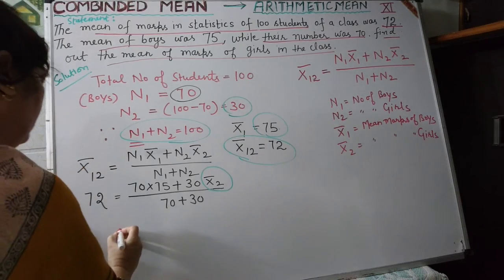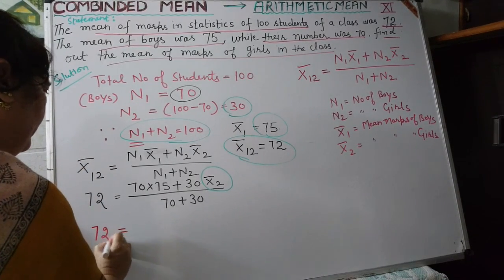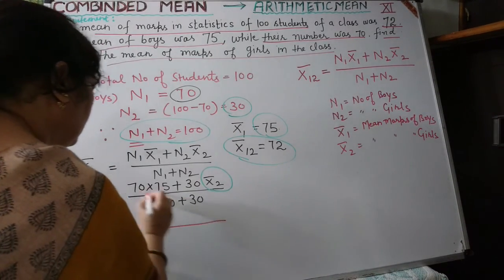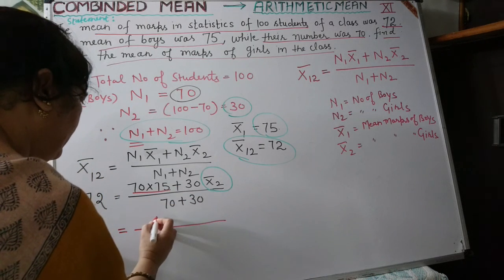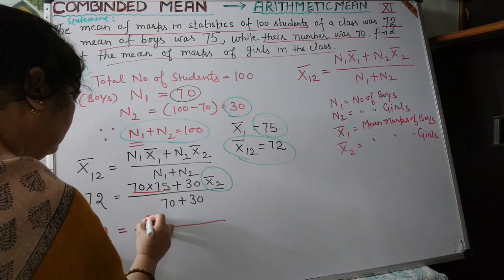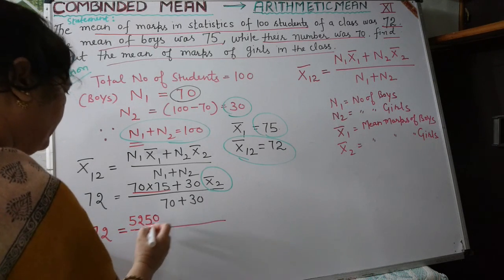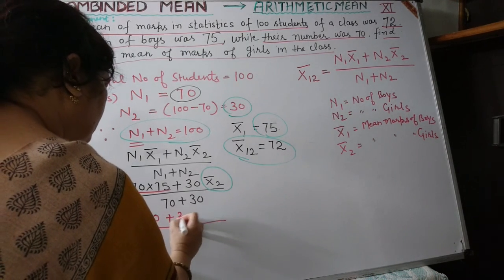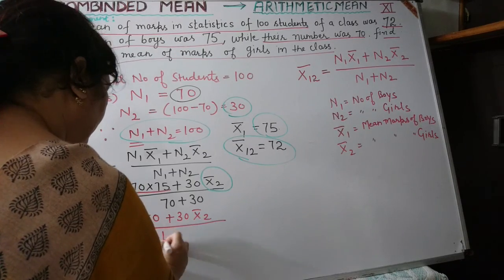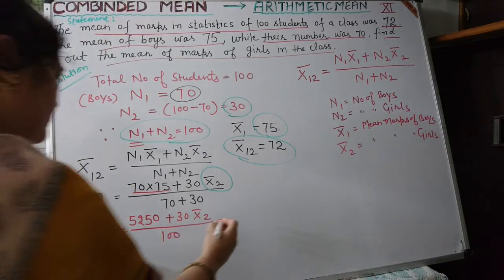So 72 is equal to 70 multiplied by 75, that is 5250, plus 30 X bar 2, divided by 100.